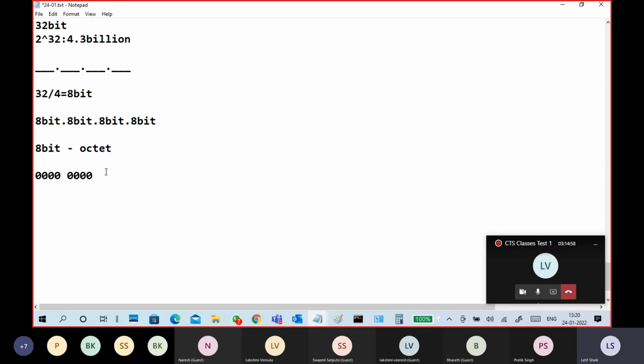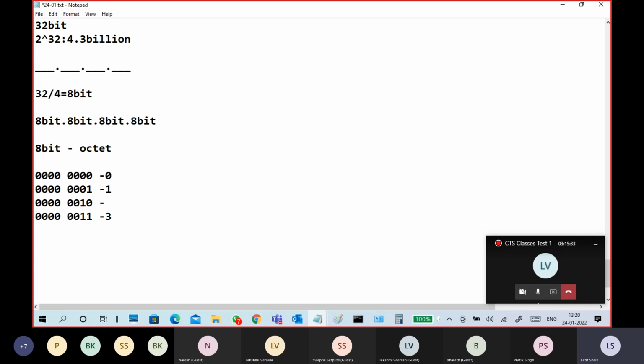So each part is like this. The starting number is 00000000 in binary, which is equivalent to 0 in decimal. The next number is like this, 8 bits: 00000001, which is 1. Then 00000010, which is 2, and 00000011 is 3.